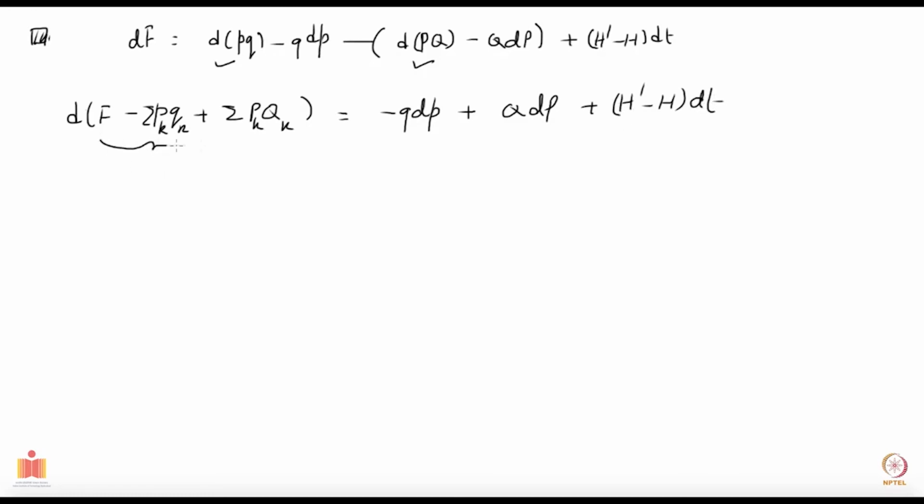Now I'll define this as f4, and f4 I want to see as a function of small p and capital P. So it's a function of independent variables, small p and capital P. And of course there is a summation over all indices here.